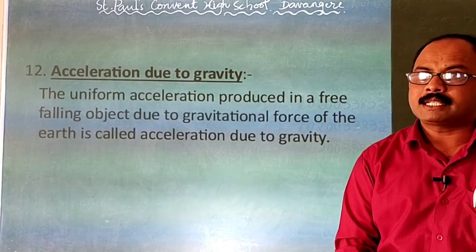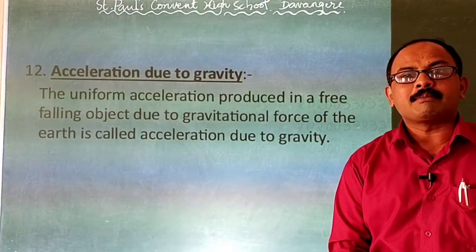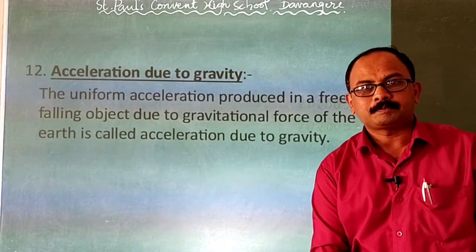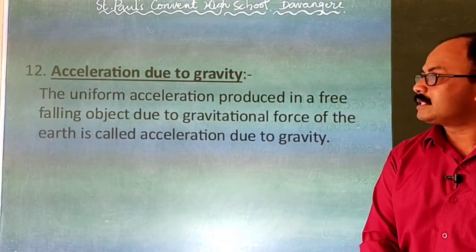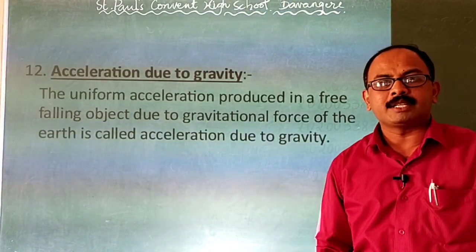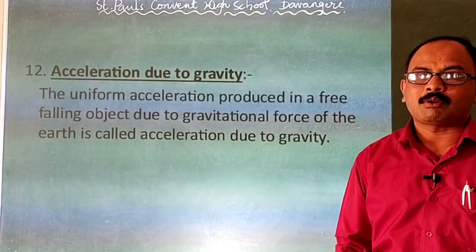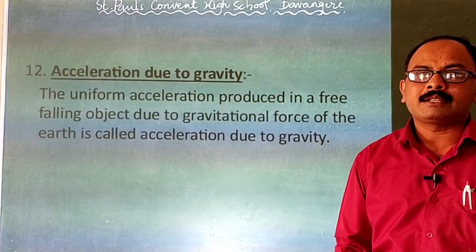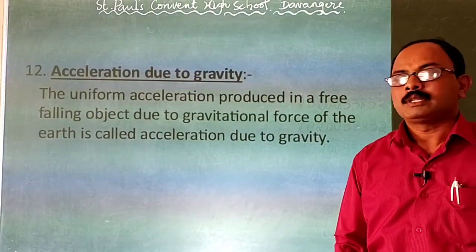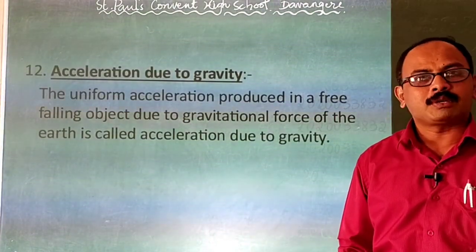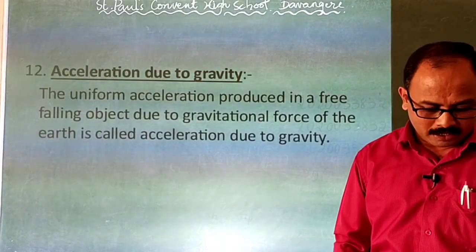Its value we have seen 6.67 to the power of minus 11 Newton meter square per kg square, which was given by Henry Cavendish. But this acceleration due to gravity, small g, its value is about 9.8 meter per second square. So you must know the definition part of acceleration due to gravity and its representation, its value, children.